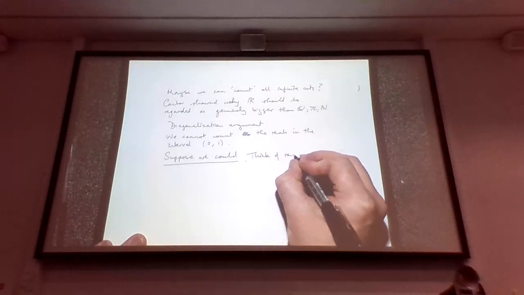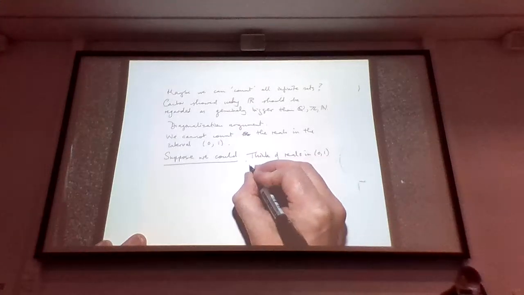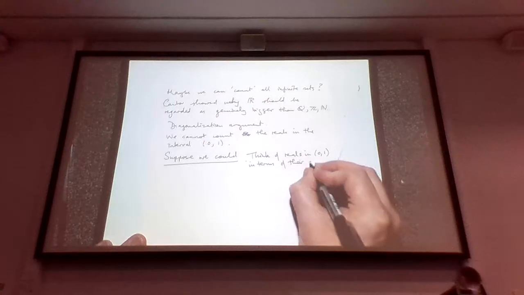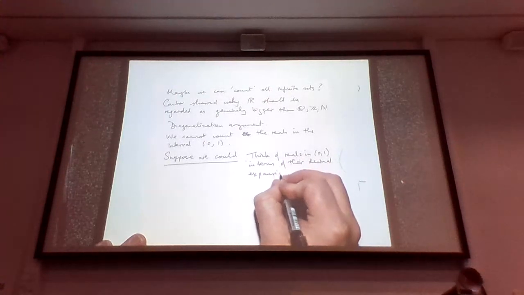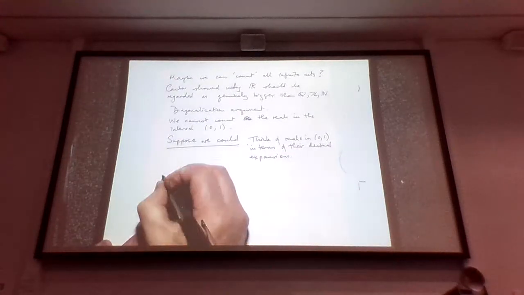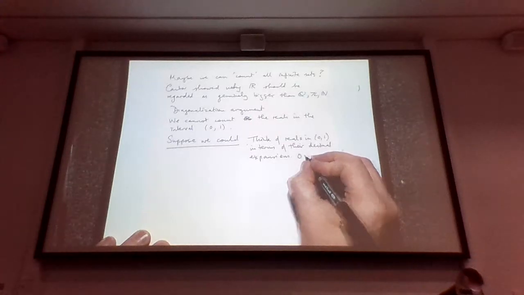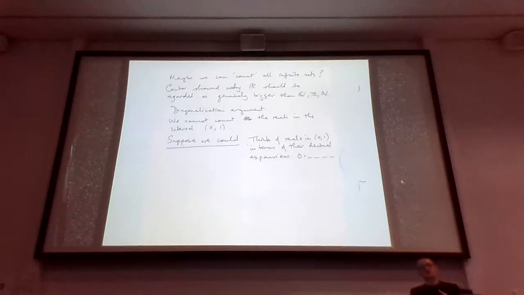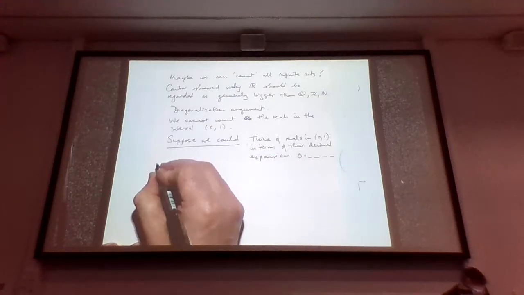So we think of the real numbers in 0, 1. Think of these in terms of their decimal expansions. Every real number inside the interval 0, 1 has some kind of decimal expansion, 0 point something. So suppose we could have counted these.